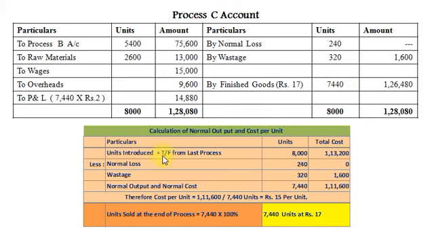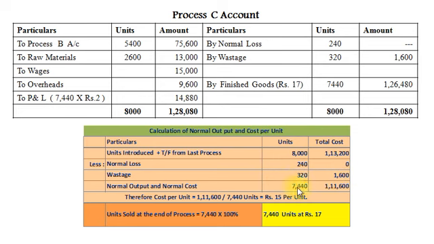Units introduced plus transfer from last process 8,000 units total, 5,400 plus 2,600, and total cost 1,13,200, that is material cost plus wages plus overhead. Then less normal loss 240 units with no realized value, less wastage 320 units and 1,600 rupees.